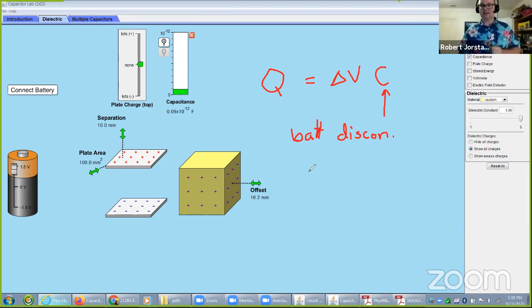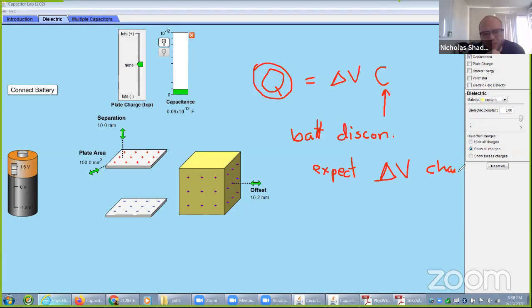Now, so what is that going to do? Well, which thing should change then? We know that the capacitance changes, but the charge doesn't change. So do you agree that the voltage must change? Yeah, the voltage has to go down. So I'm going to solve for that in this equation.